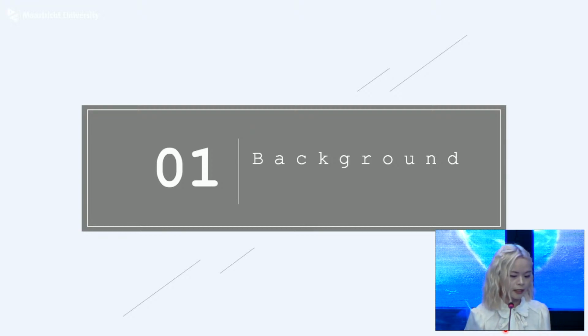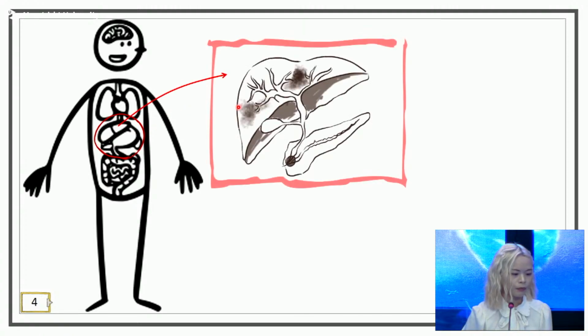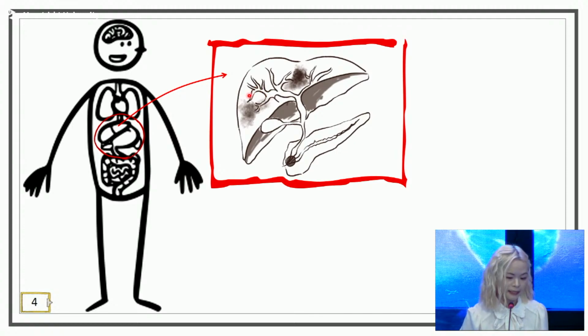Let's begin with the first section of my presentation, the research background. As we can see here, the pancreas is a digestive organ located in the abdomen, while the bile duct is a small tube-like structure formed where the common hepatic duct and the cystic duct join.